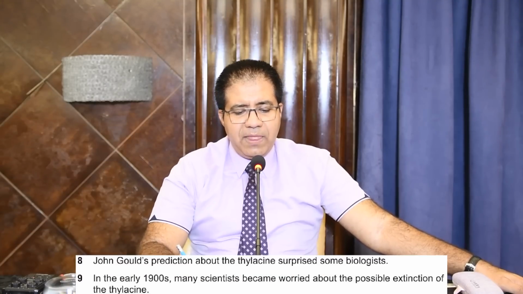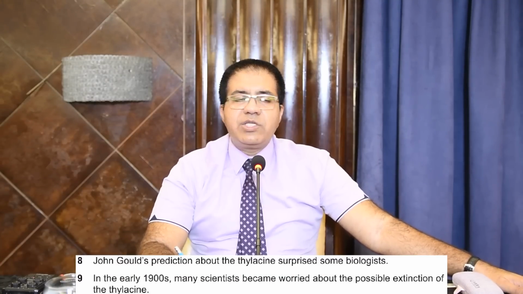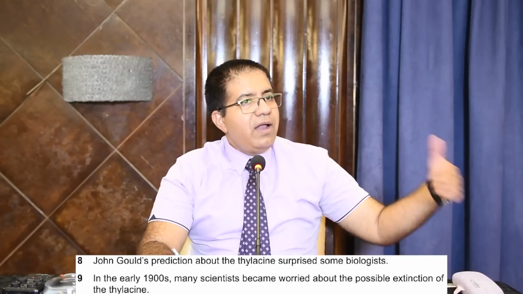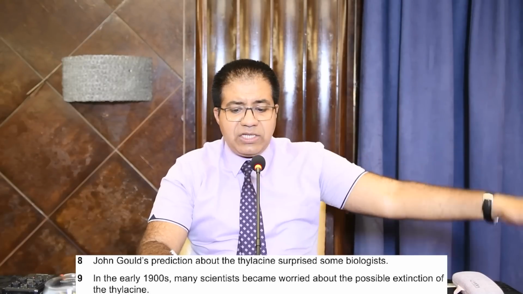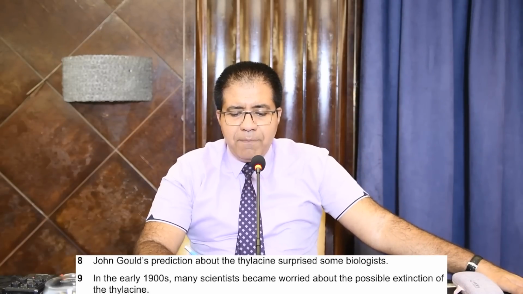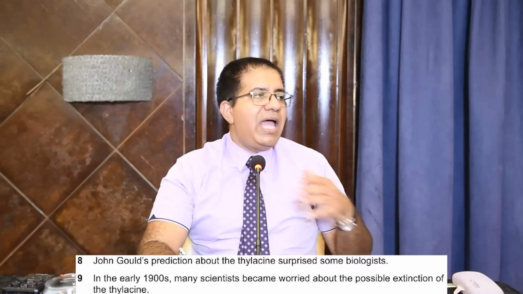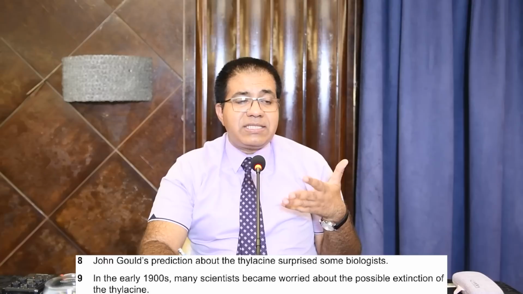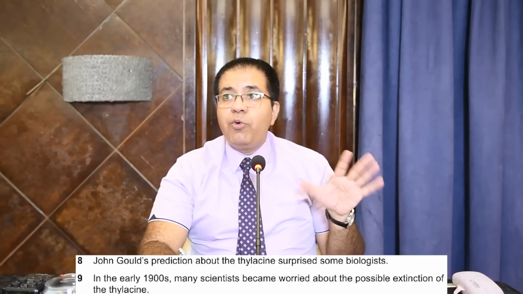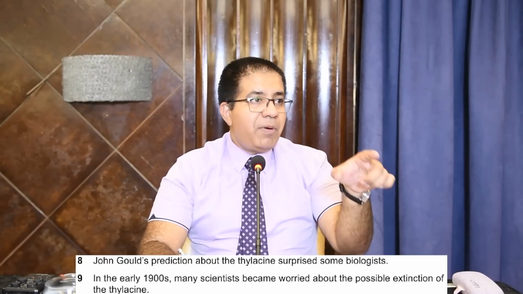Question number 9. In the early 1900s, what is early 1900s? 1905, 1910, 20, up to 1925. That is what we call early 1900s. Okay? Many scientists became worried. Underline became worried. Now listen, if I say I am worried about you, or I say I am concerned about you, both are the same. I am worried about your health, I am concerned about your health.